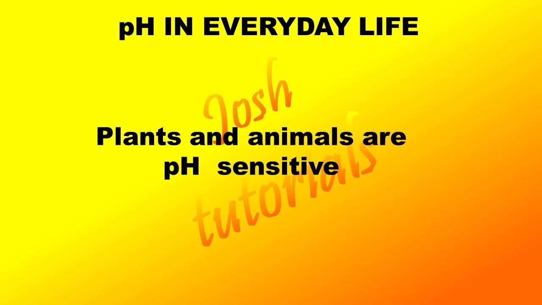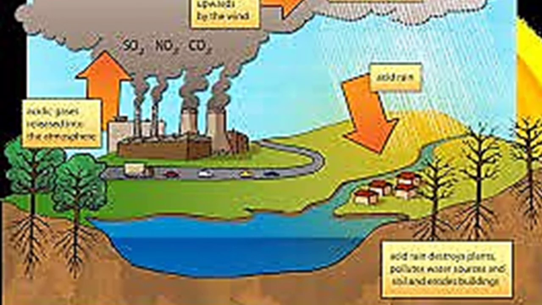All living organisms live in a narrow range of pH. If the rainwater pH is less than 5.6, then it becomes acid rain, and as it flows into the river, it lowers the pH of the river water, and in such rivers, the life of aquatic animals becomes difficult. Look at this picture.